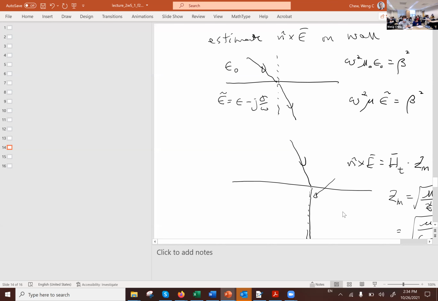The beta value of the second medium is very high, so we have to bend downward. But we only need a small component of the horizontal beta for phase matching. This matching is very important.